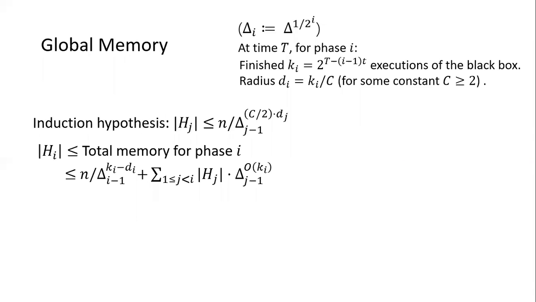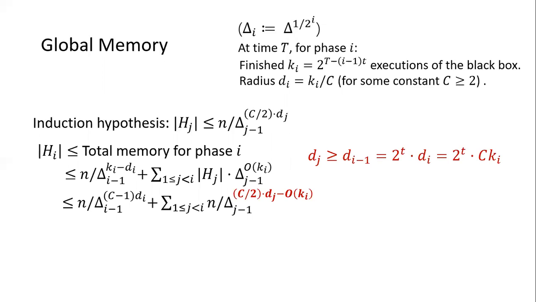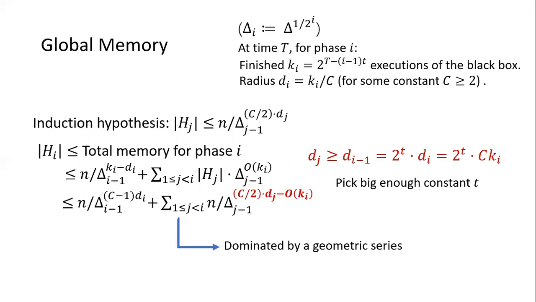We plug in the induction hypothesis for every j smaller than i into this summation, and notice that the exponent on the denominator is some constant times d_j minus some constant times k_i, and we can make it a big enough positive number by picking a big enough value for T, so that the summation is dominated by a geometric series and we can get the desired upper bound.